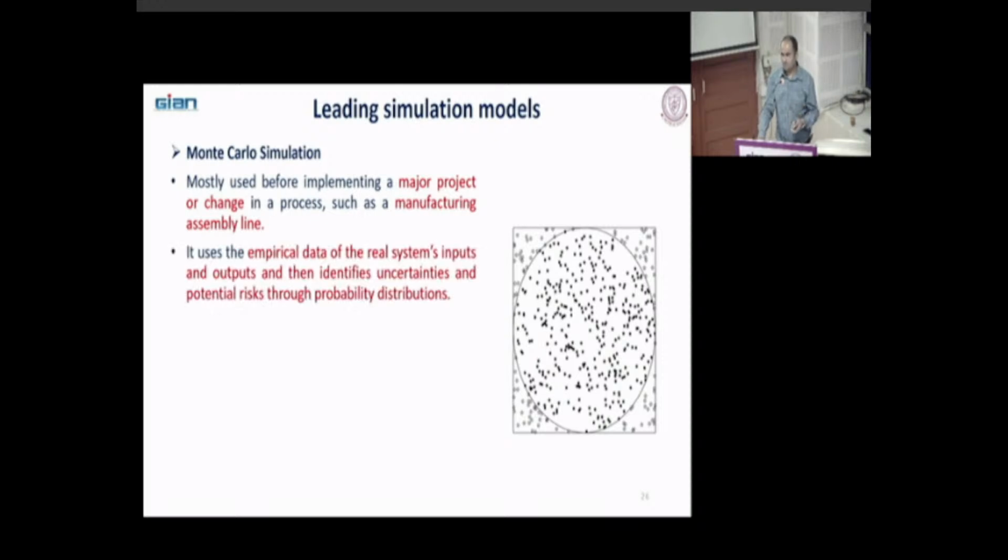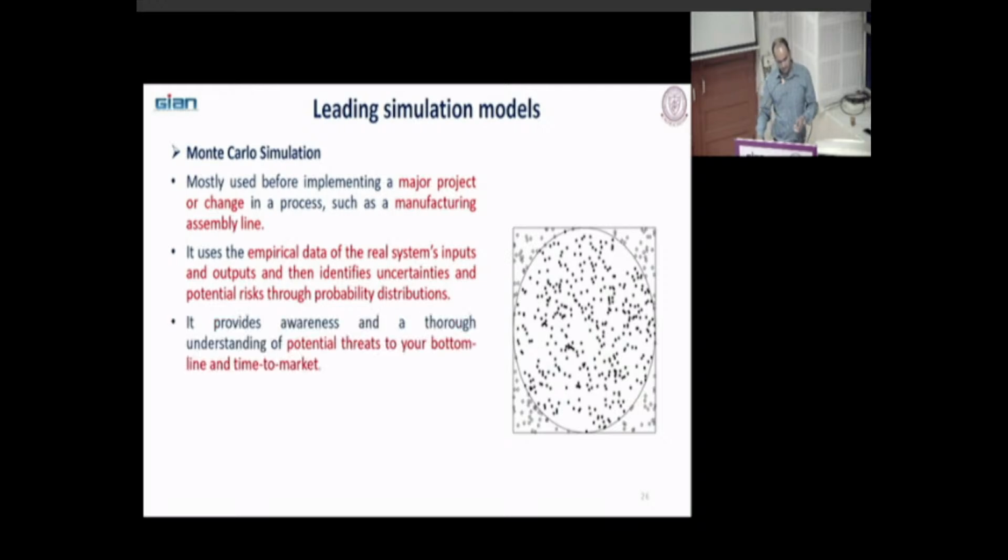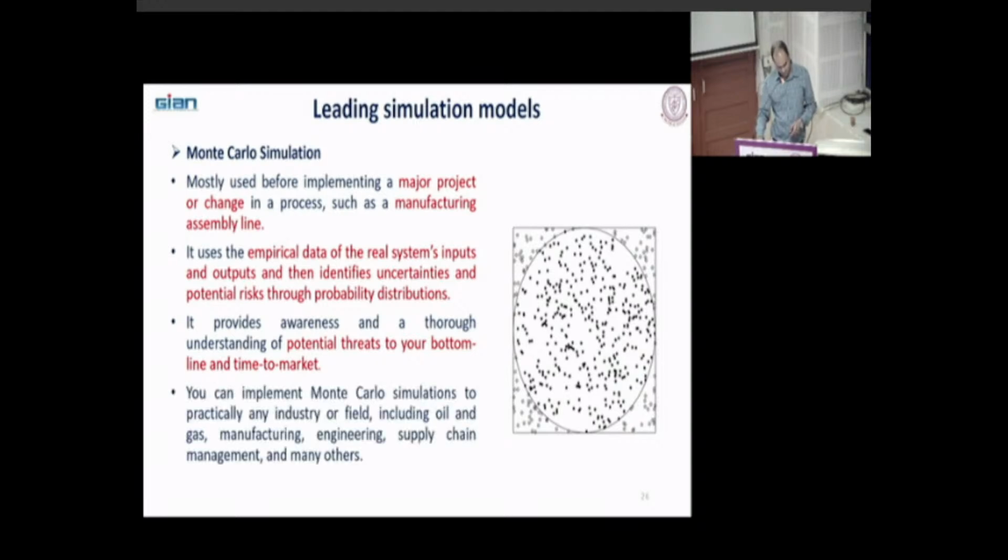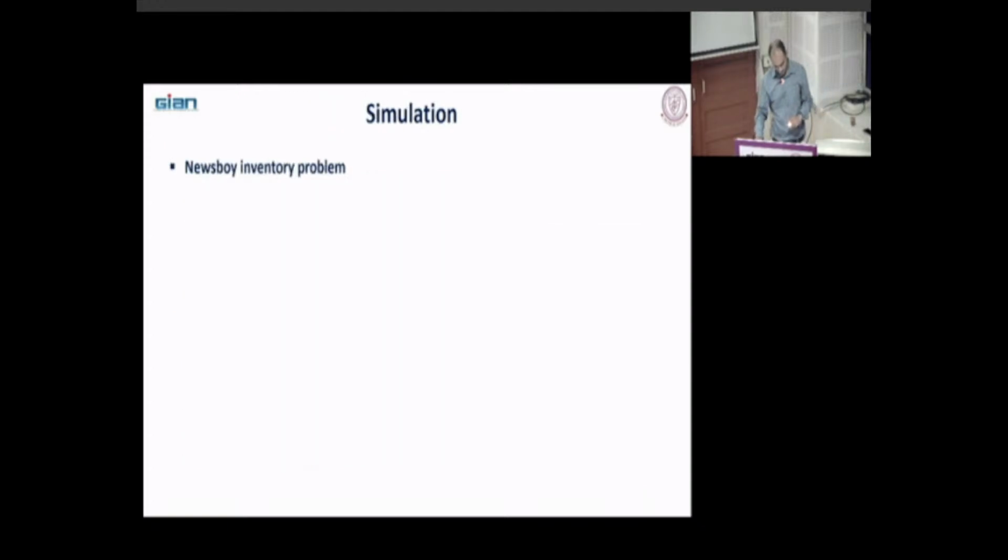On that basis, it provides information about unexpected events that may occur in the future and that will affect your profit, supply chain and all those things. Empirical data is needed, input and output, and then it identifies the uncertainties. You can implement Monte Carlo simulation for any industry, given that you have sufficient historical data available.